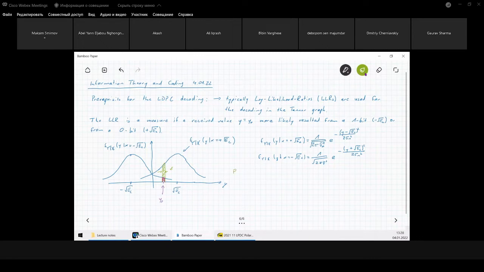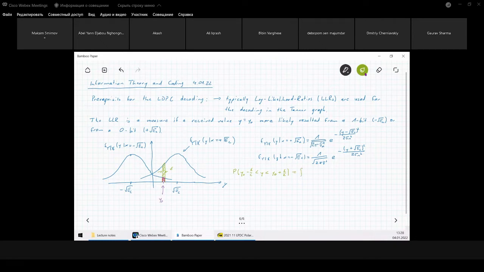P of, so the probability to observe a value y that is larger than y0 minus epsilon half and smaller than y0 plus epsilon half. This will simply be the integral.